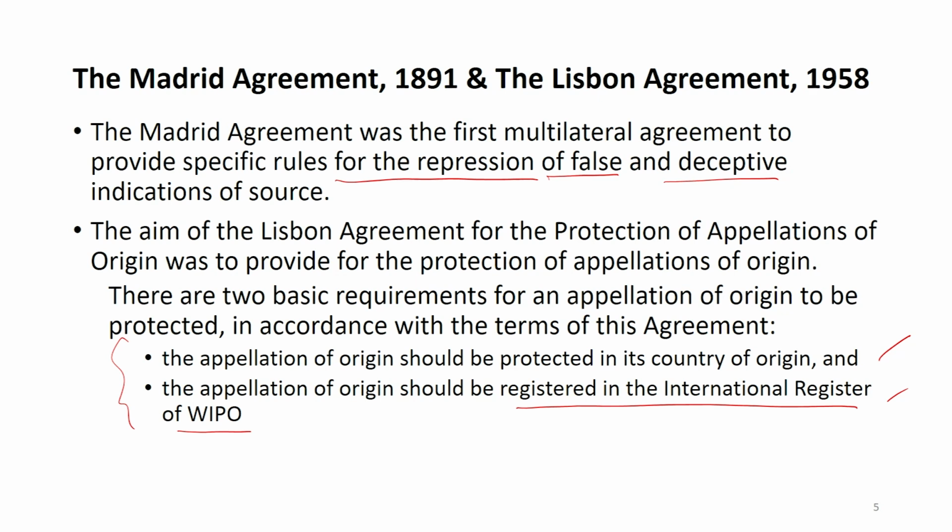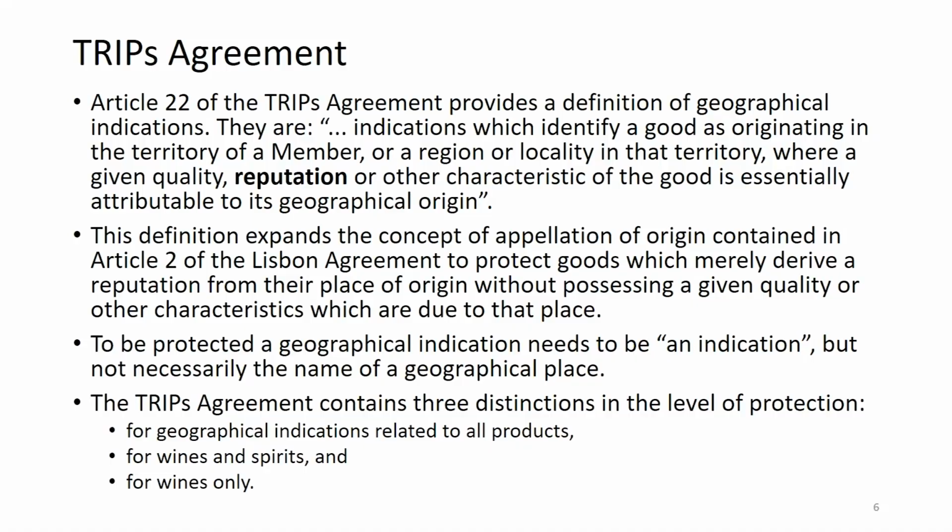These were some of the initial efforts to give protection to appellations of origin, and finally, in the TRIPS Agreement, we formally recognized geographical indication as a form of intellectual property and provided a mechanism for protection of GI. Article 22 of the TRIPS Agreement provides a definition of geographical indication.